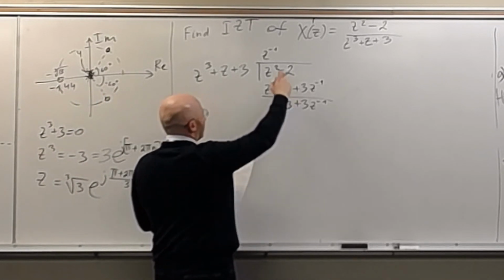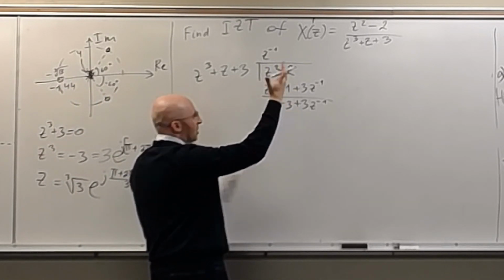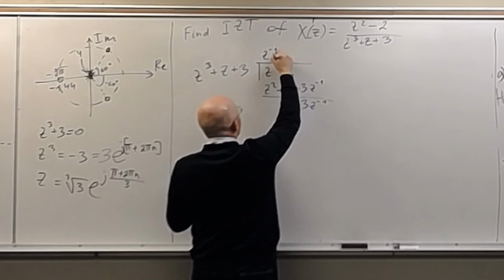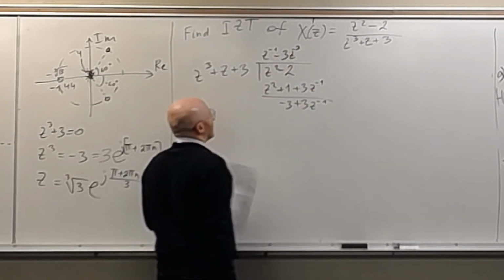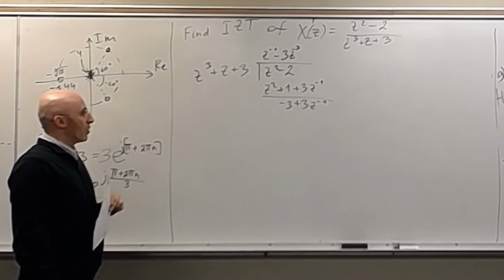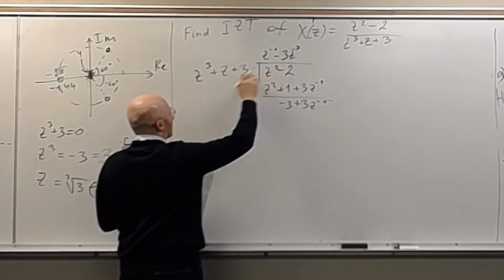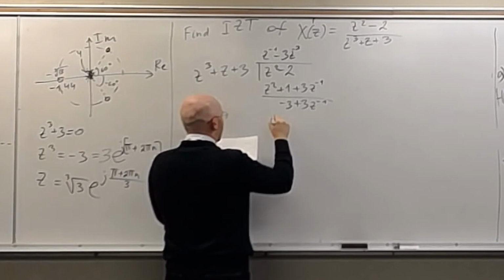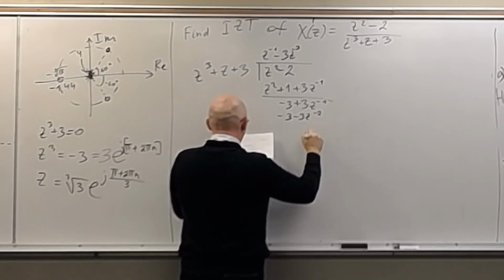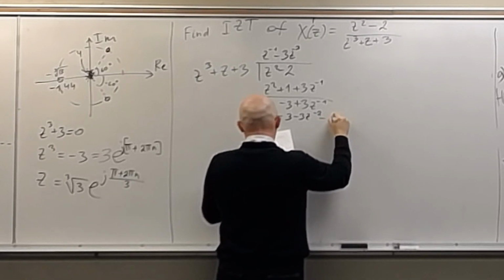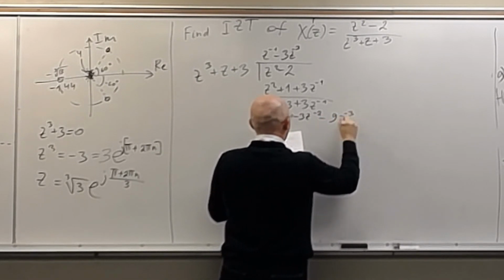So basically you have 0 times Z to the minus 2, so nothing multiplies Z to the minus 2, minus 3 Z to the minus 3. Right? And then I'm multiplying this one by this one, and getting minus 3Z minus 2 minus 9Z minus 3.